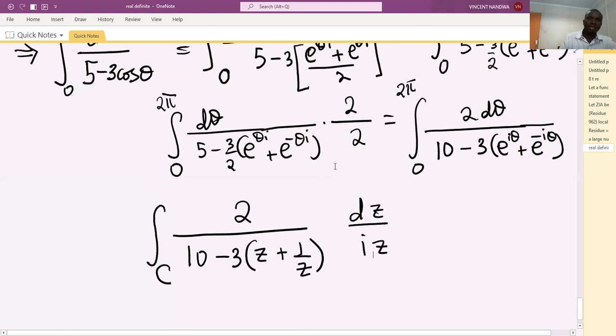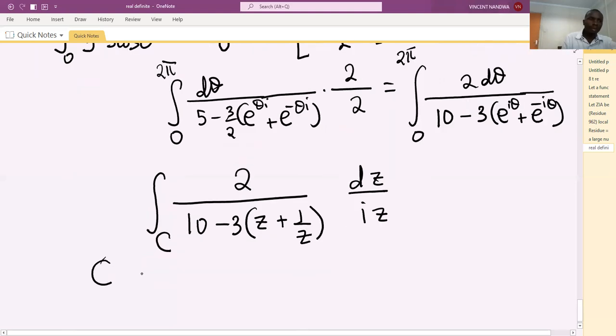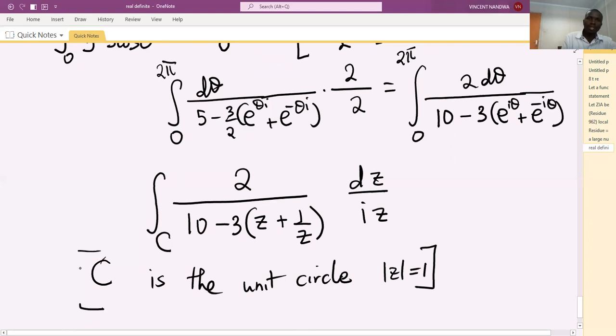And then you specify that C is a unit circle. So once you change from theta to the variable z, it changes from having limits 0 to 2 pi to an integral along C.